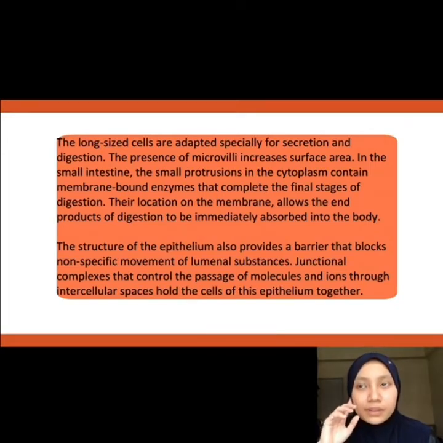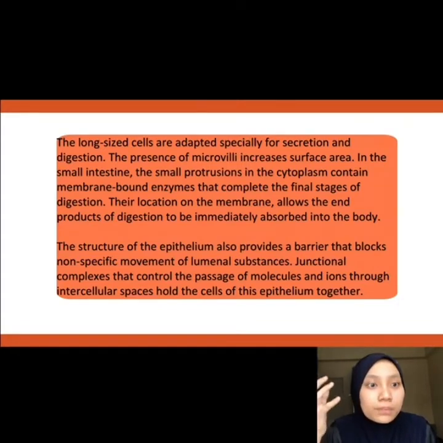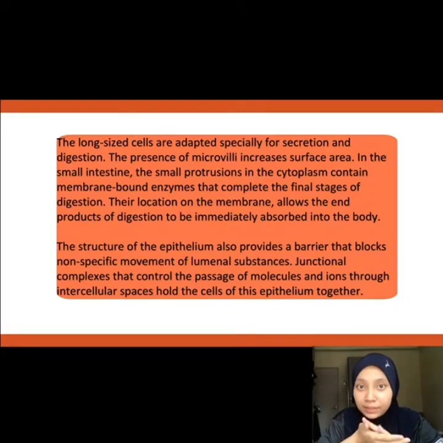For example, in the small intestine, there are cytoplasmic projections that contain membrane-bound enzymes that help to complete the final stages of digestion. The location in the membrane allows the end products of digestion to be absorbed immediately into the body. The structure of the epithelium itself provides a barrier against the non-specific movement of luminal substances.